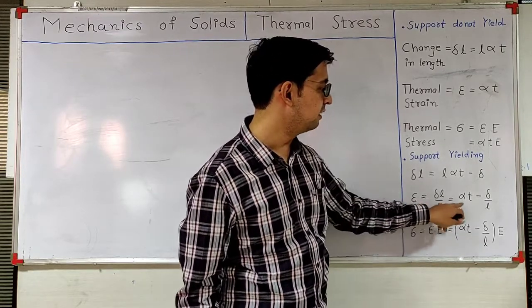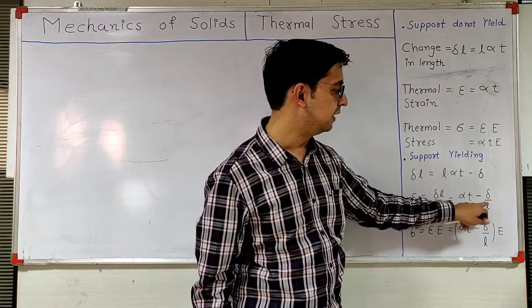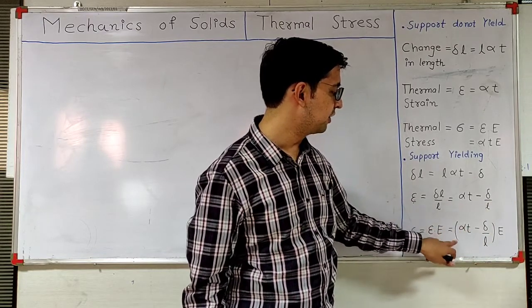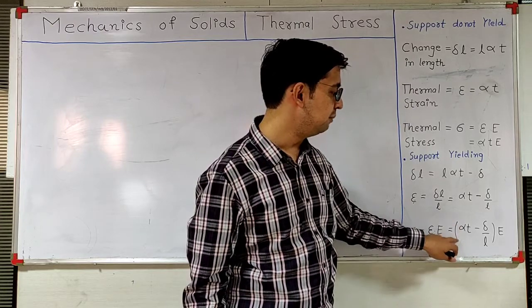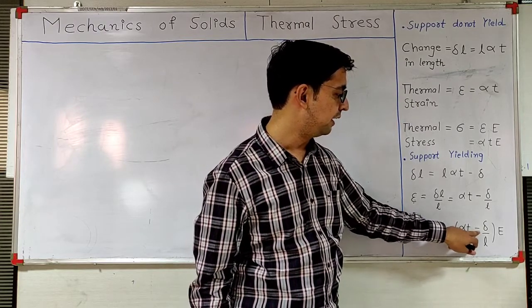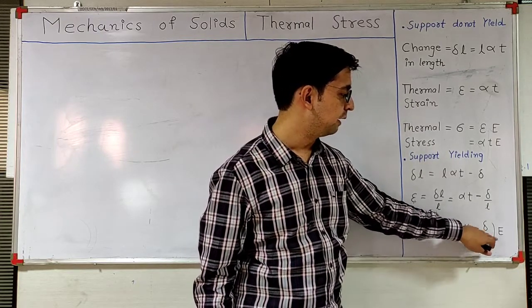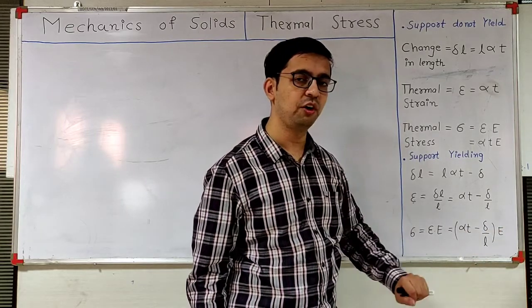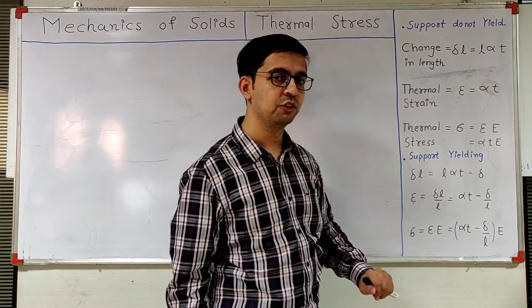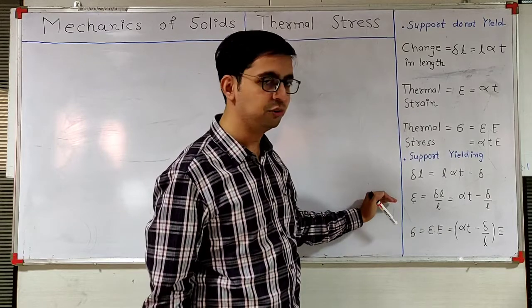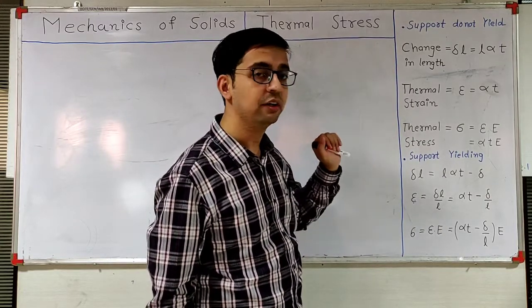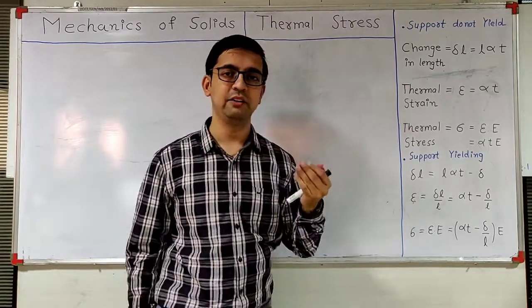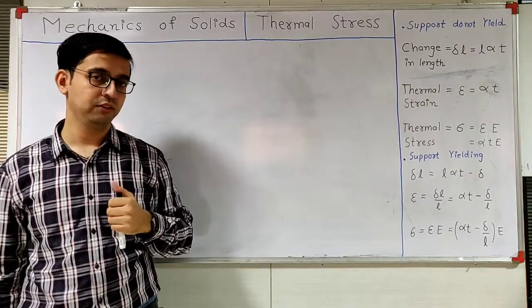Strain is alpha T minus delta over L, so the equation of thermal stress for support yielding is (alpha T minus delta over L) into the modulus of elasticity. This is the prerequisite for the session: two conditions, supports do not yield and supports yielding. Now let's start with example number 1.